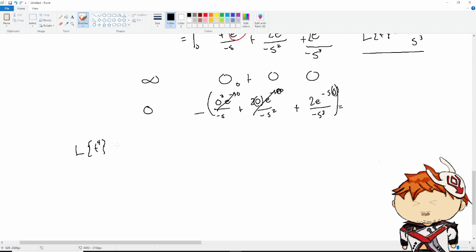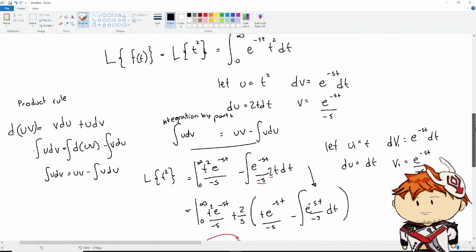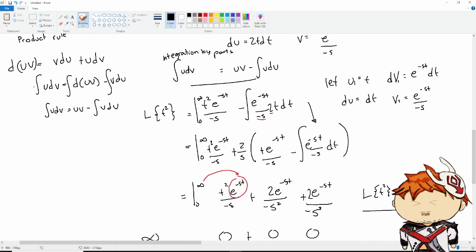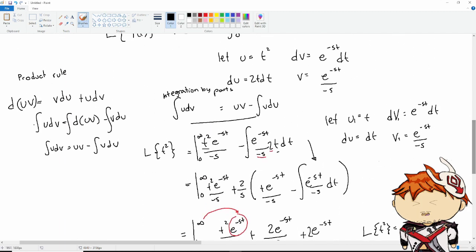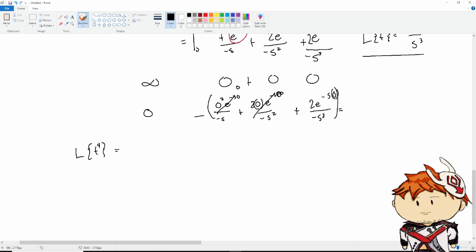Judging by our function, it would be a long solution, because it starts from t squared, t, and so on. But we can do not a shortcut, but actually pattern recognition. We have the integral of e to the negative st, t to the fourth, dt.